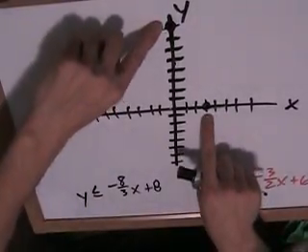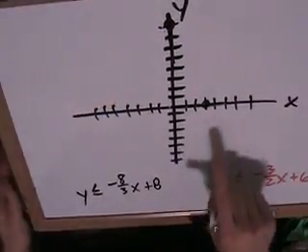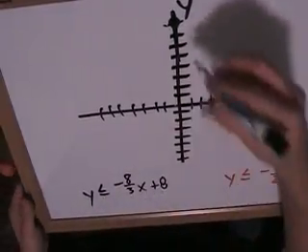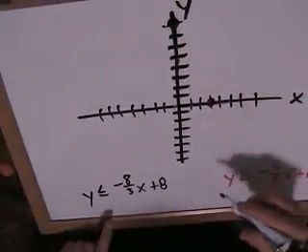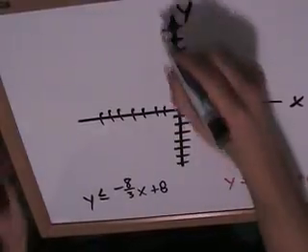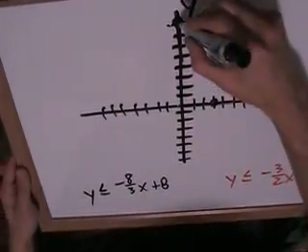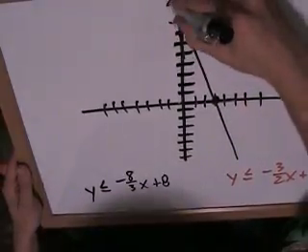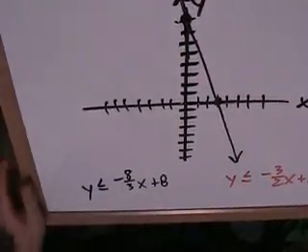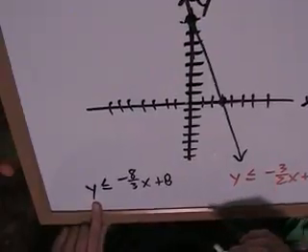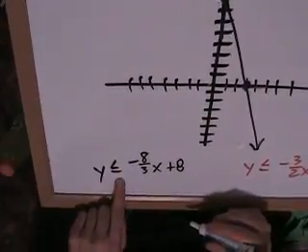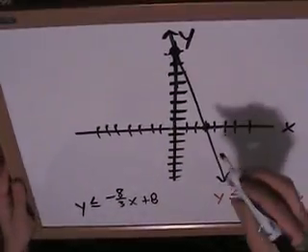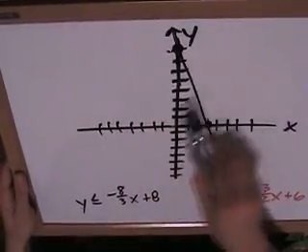So now I have to connect these 2 points. Because I have equality, because I have that little bar, the line that I draw is going to be solid. If I did not have this bar, it would be dotted. So I need a solid line. Now, this says y is less than or equal to, so because y is less than, I'm going to shade everything underneath this line.